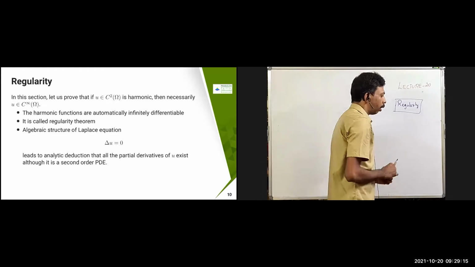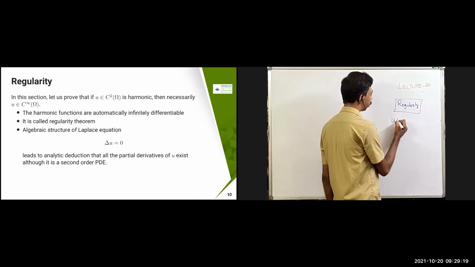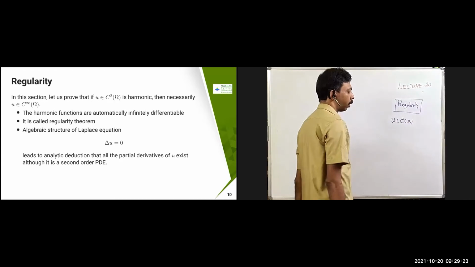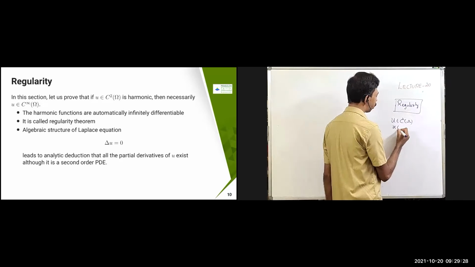In this section what we are going to prove is that if u belongs to C^2(Omega) and is harmonic, then u belongs to C infinity of Omega.